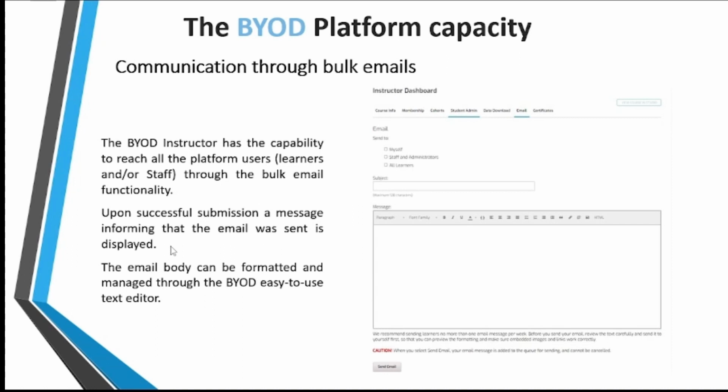Upon successful submission, a message informing that the email was sent is displayed, on the instructor tab we described in the previous part of this presentation. The email body can be formatted, of course, and managed through the BYOD easy-to-use text editor, quite similar to the one in the studio, while addressing, for example, information for our course about page. Just to give an example.